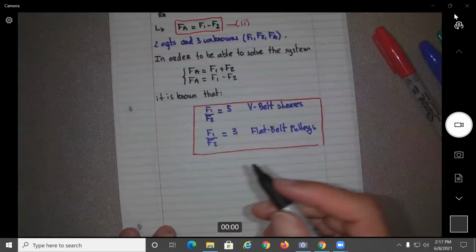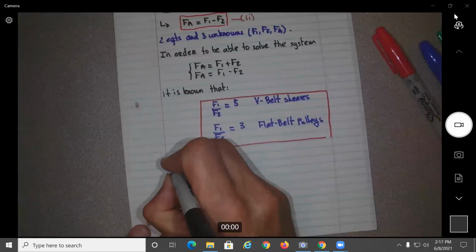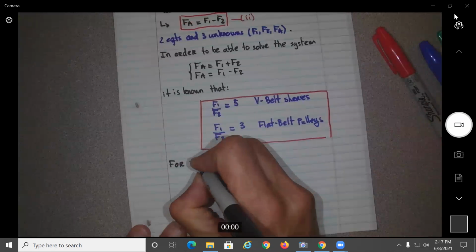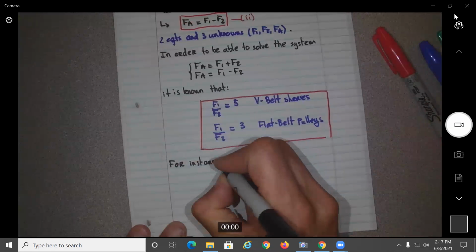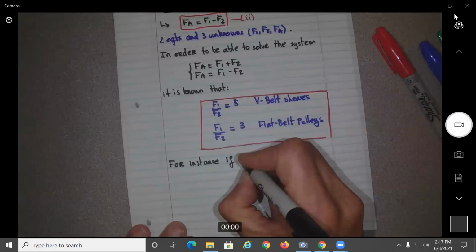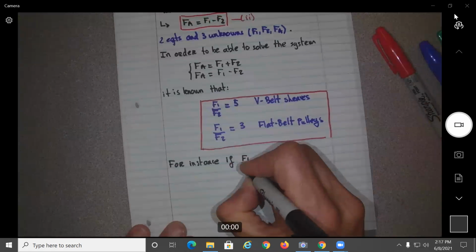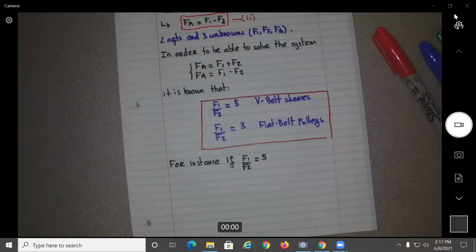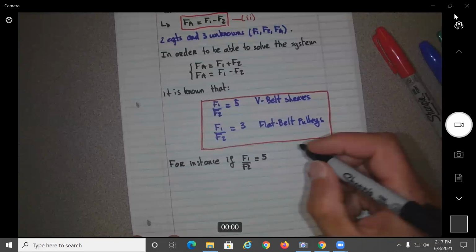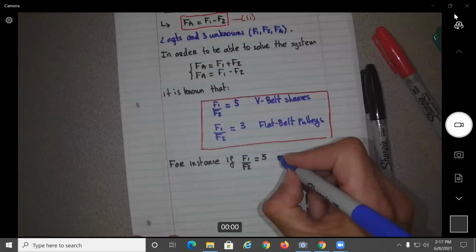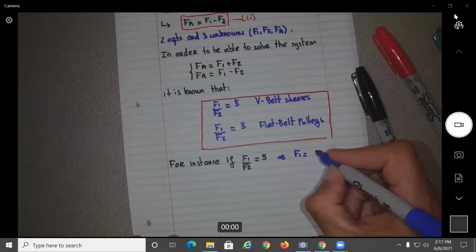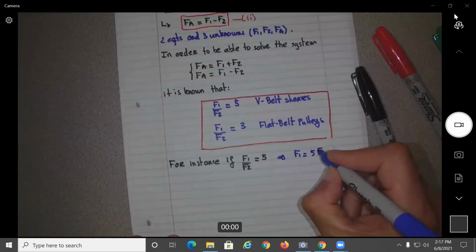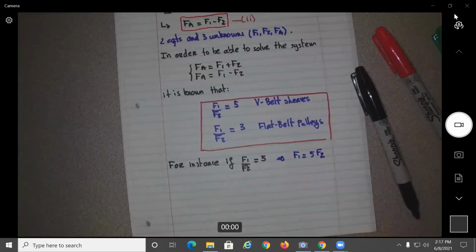So let's say, for instance, if F1 over F2 equal to 5, then what does that mean? F1 equal to 5 F2.